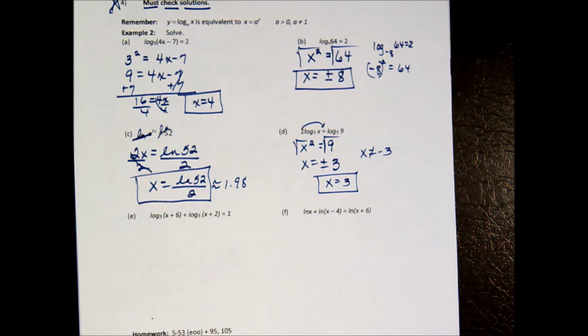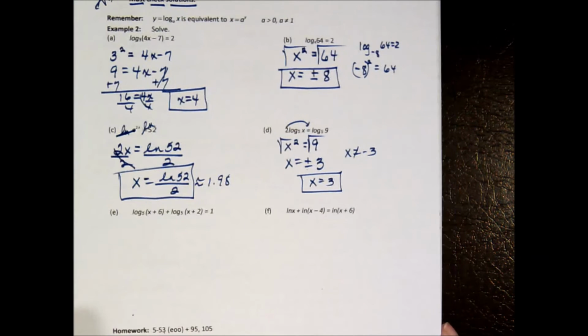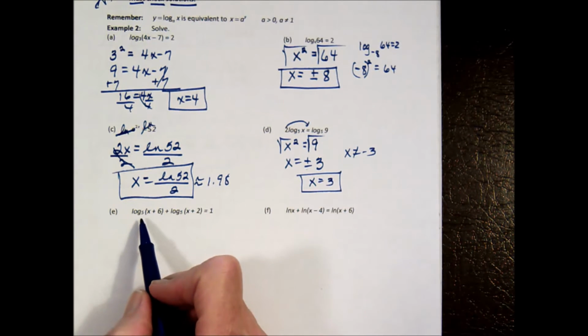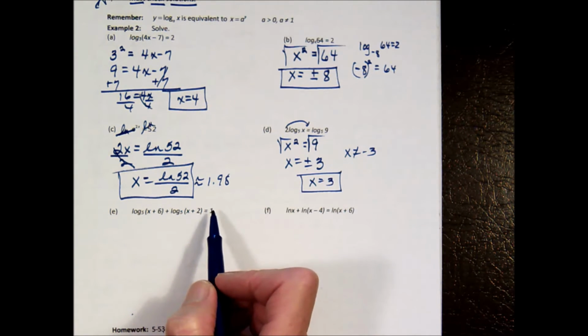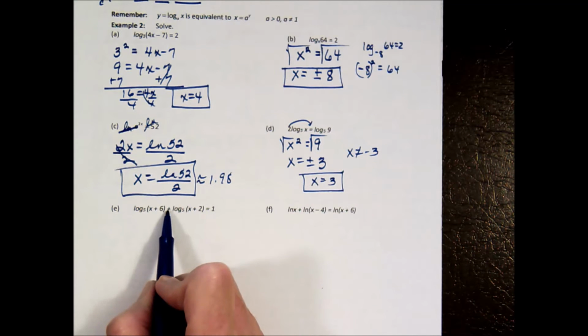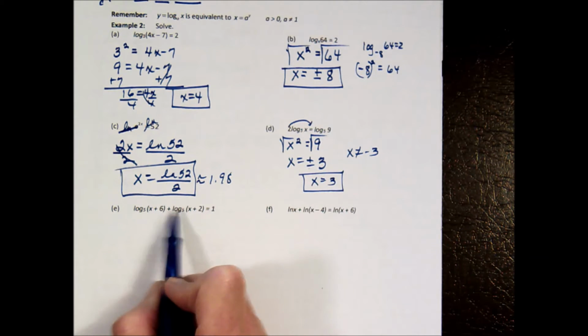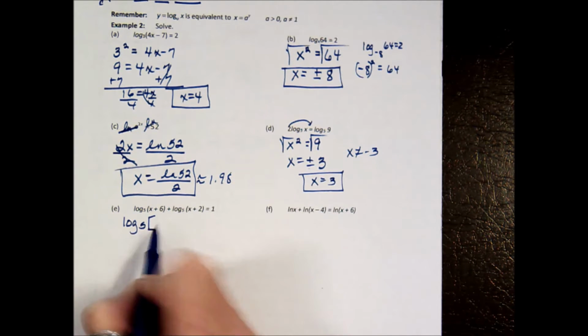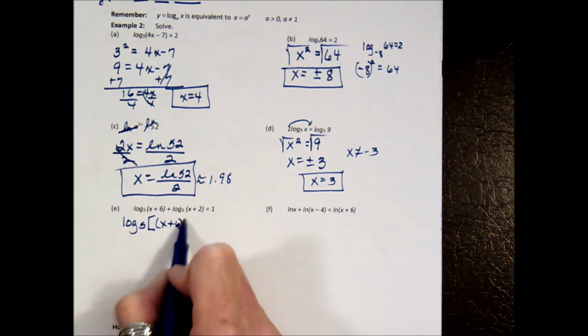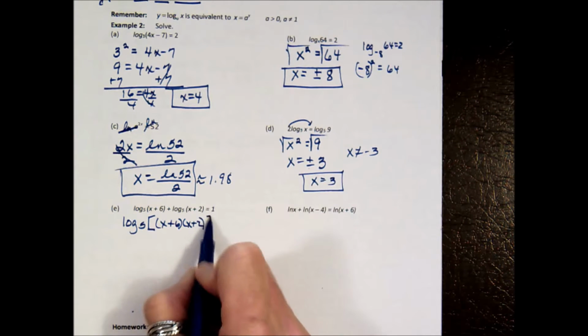Last two are pretty tricky. So let's take a look. Log base 5 of x plus 6 plus log base 5 of x plus 2 equals 1. Well, I'm going to use my log rule. As soon as I see plus and the two logs are the same, I know multiply. So it's going to be log base 5 of x plus 6 times x plus 2 equals 1.